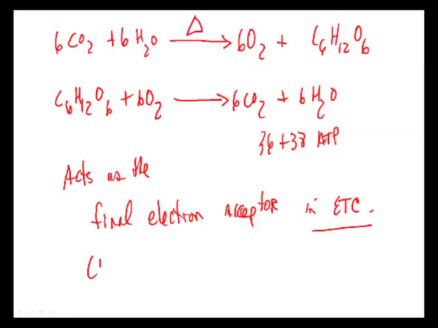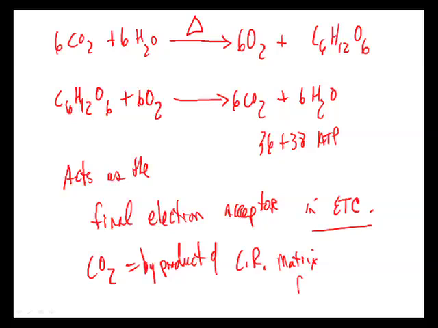Carbon dioxide is a byproduct of cellular respiration, specifically from the matrix reactions. Okay? What were the membrane reactions again? Electron transport and oxidative phosphorylation. We'll get into specific details for each one.